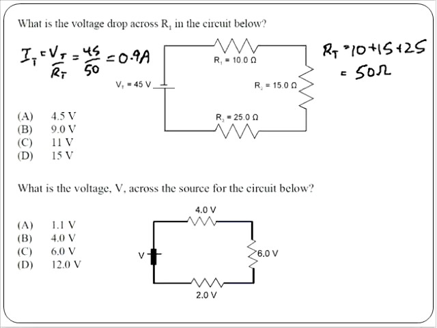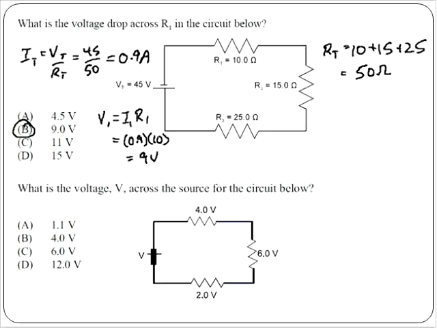Now, Kirchhoff's current rule tells me that everywhere in that series circuit, the current is the same. So that means if IT is 0.9, so is I1. Now I can say that V1 is equal to I1 times R1. Or in other words, 0.9 times 10, which is 9 volts.